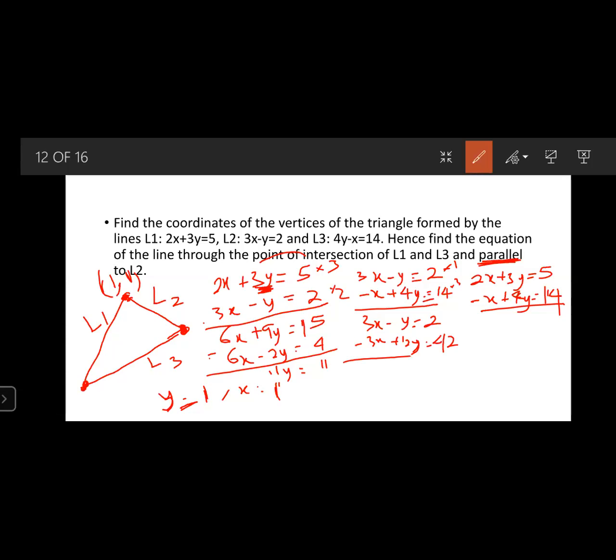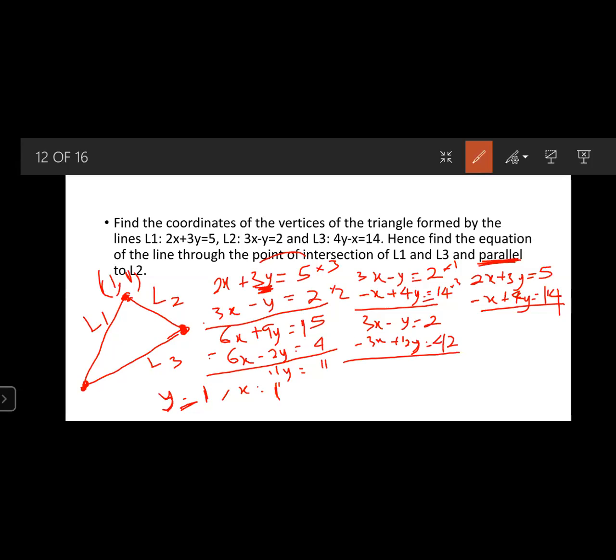Since they have different signs, I need to add them together. So minus y plus 12y, that will give me 11y.